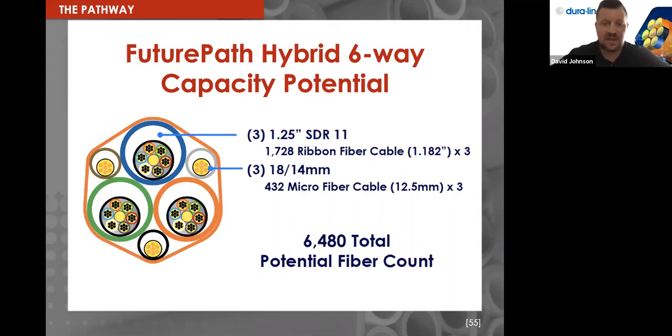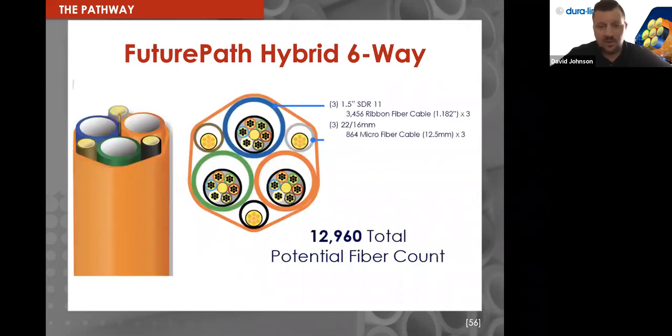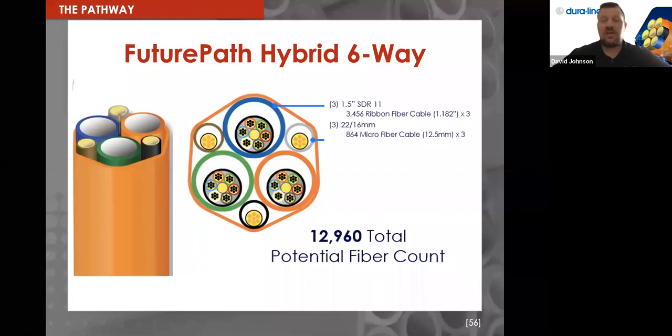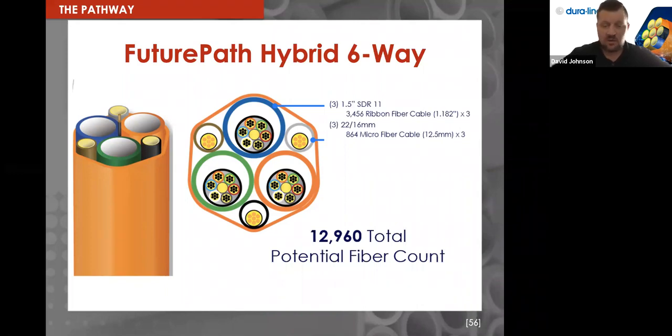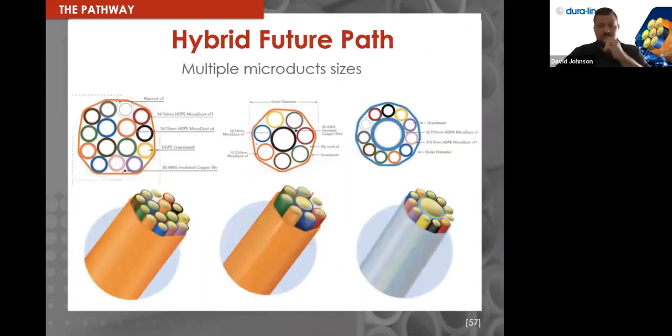So the density factor is just incredible. Another one that we have is 3.5 with 3 22/16s, and you get even more density here, where the sky's the limit with this particular product. You can incorporate traditional stuff with micro technology, and this has been a great product for our customers in the last 2 years since we started making it.